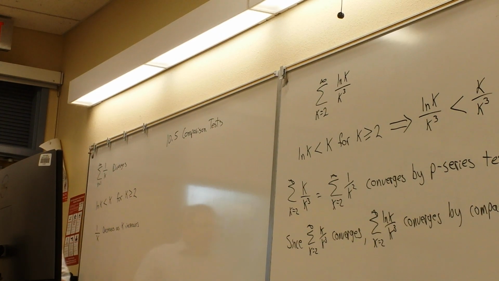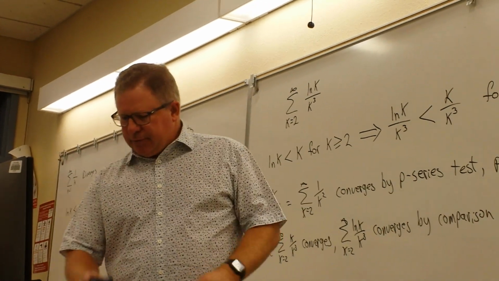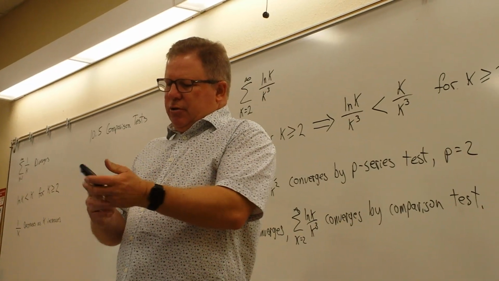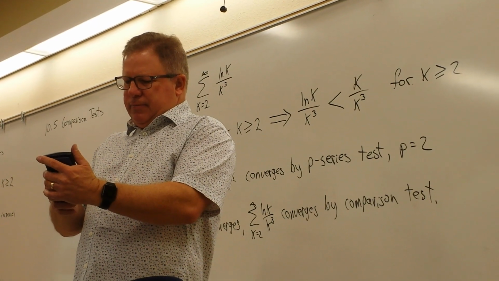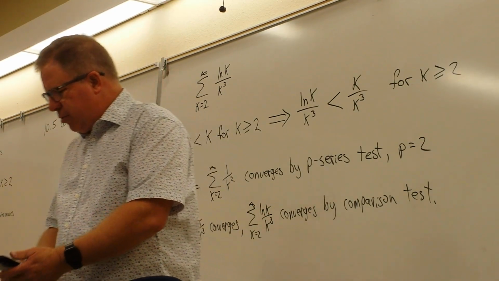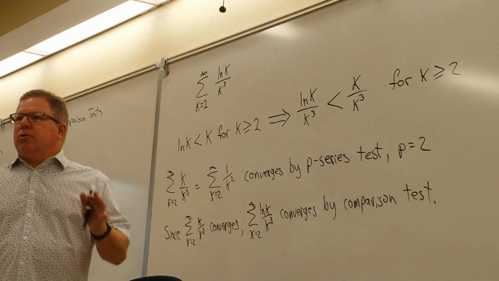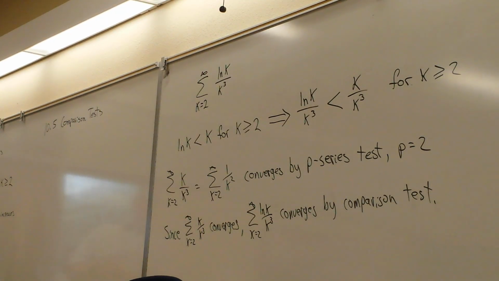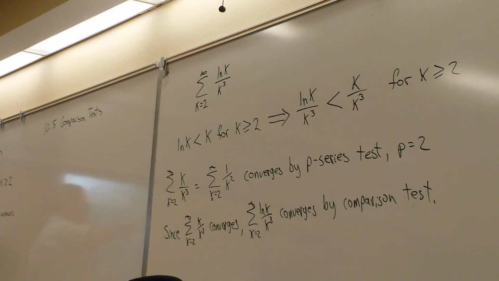What is natural log of 1/2? Okay, it's negative 0.6931, and so on. So we want to use positive whole numbers for k. If k was 1/2, this would be negative, and that's gonna screw things up. By making k greater than or equal to 2, this stays positive. And that was one of the conditions for the test.